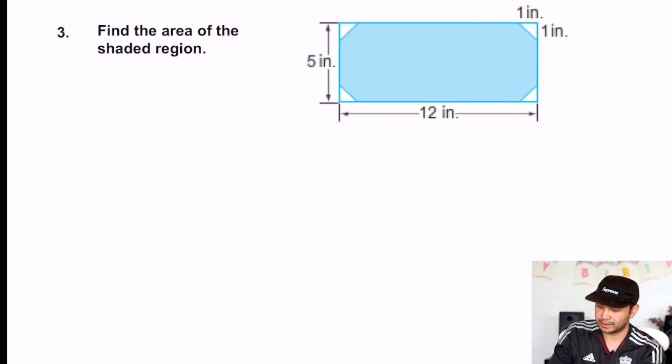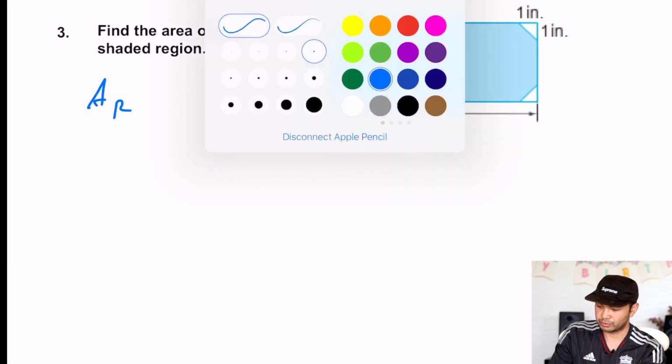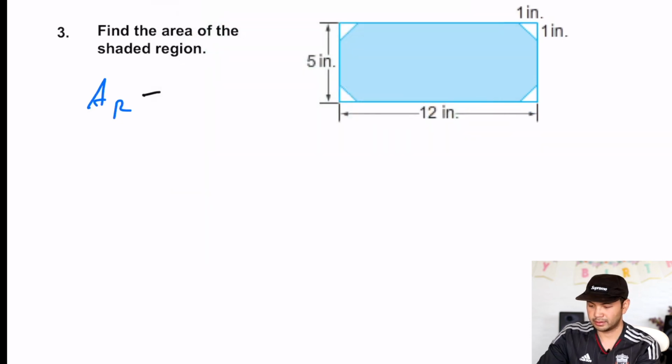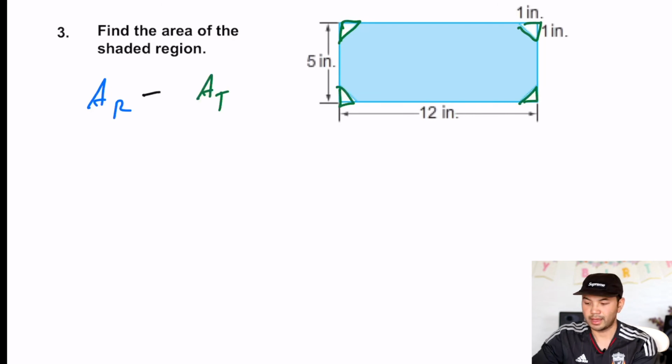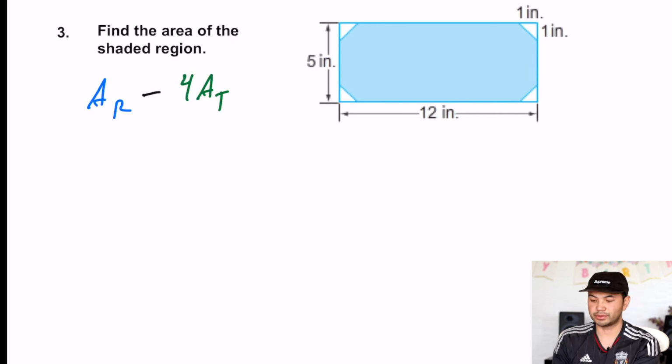I'm going to find the area of this big rectangle right here, and then I'm going to subtract the area of these 4 triangles. They do look like they're exactly the same if you look at these measurements. So there are 4 of them, so I'm going to say minus 4 of the area of the triangles.